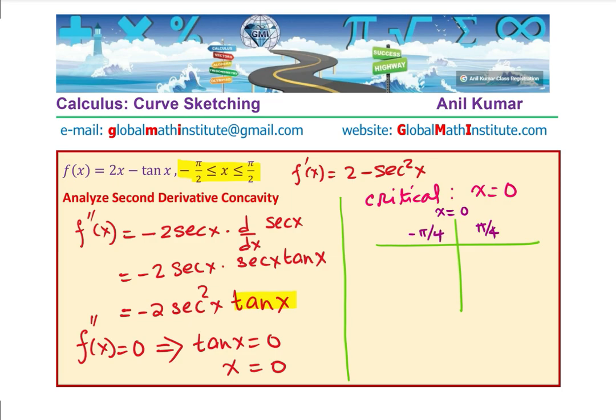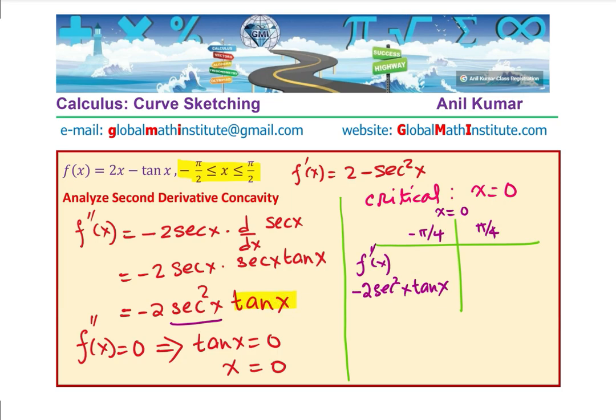And our second derivative is what? Well, the second derivative is equal to minus 2 secant square x tan x, correct? Now secant square x will be positive. We have minus here and tan x. So if I substitute a value which is minus pi by 4 here, then what happens?